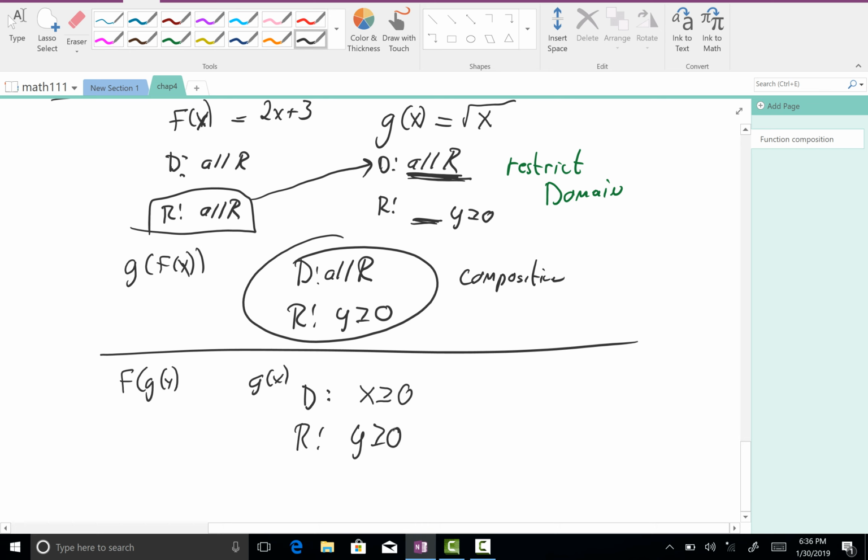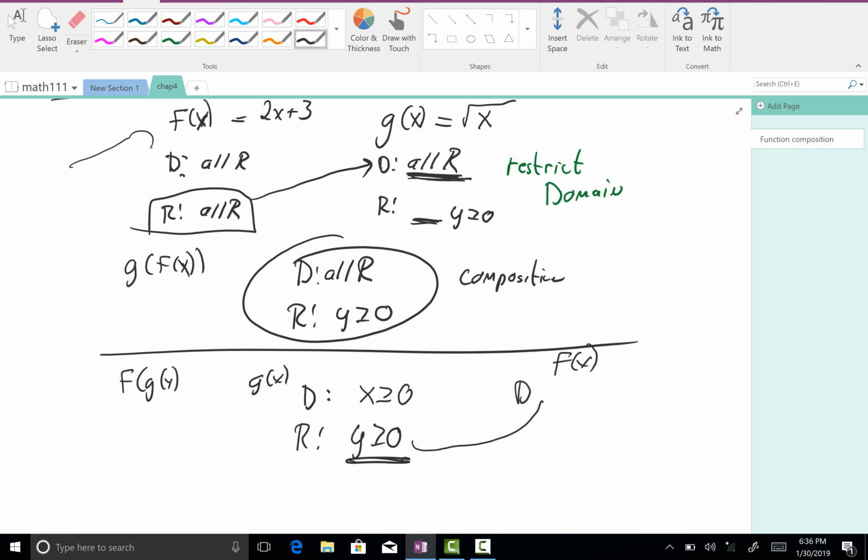Now, this becomes the domain for the f. So that goes over there. But what's the domain of the f function that we had up here? Is it still all reals?